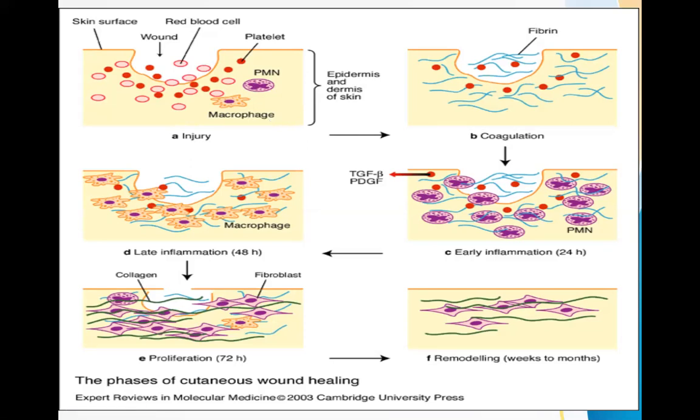What do we call that cell inside the blood, and when it goes outside we call it macrophage? What is the name inside the blood? Yes, monocyte. Very good, they are monocytes, don't forget. Many times we exchange these terms. Monocytes will form macrophages when they go out from the blood vessel into the tissue.